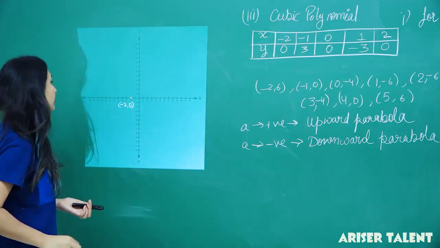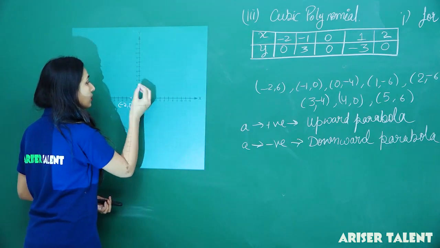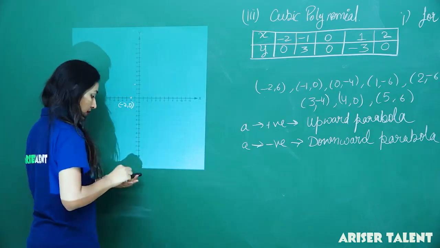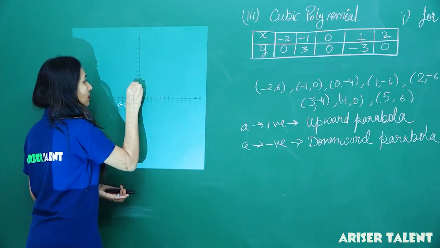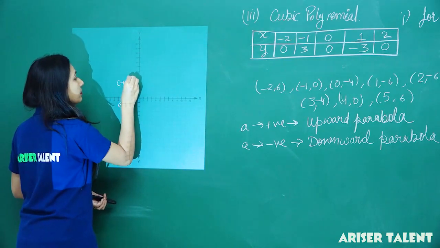Then minus 1 and 3. Now minus 1 is here and 3 is here. So it will be minus 1 and 3.